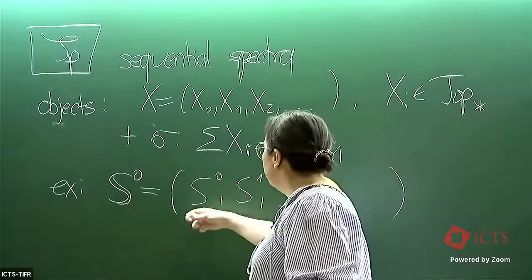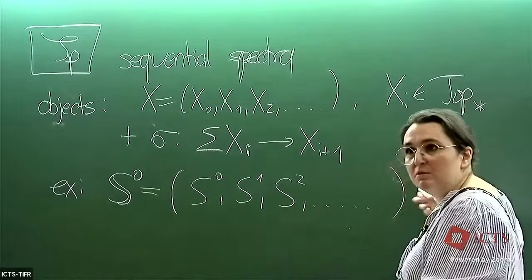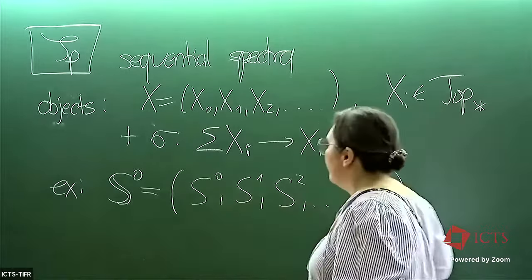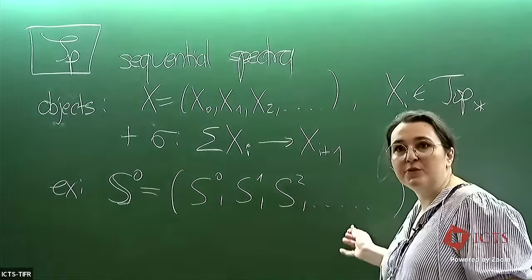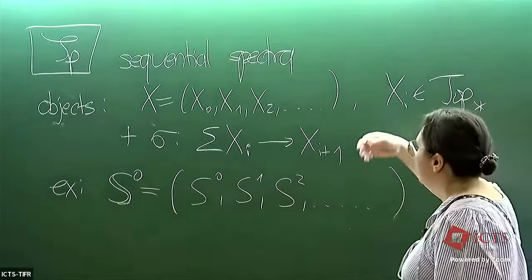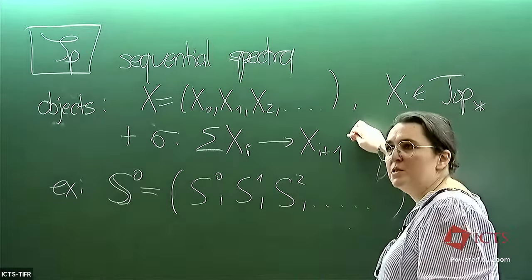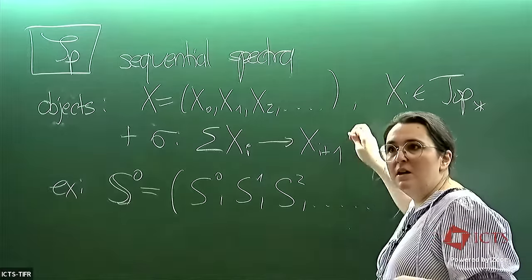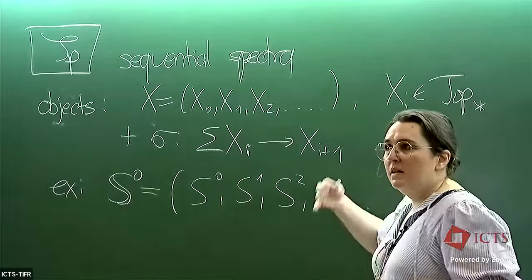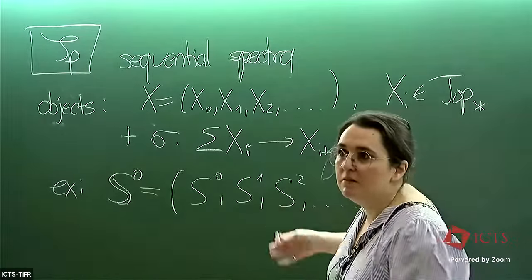You can just put the n-sphere for your respective n in each position, and then the structure maps are the canonical isomorphisms identifying the suspension of the i-dimensional sphere with the (i+1)-dimensional sphere.